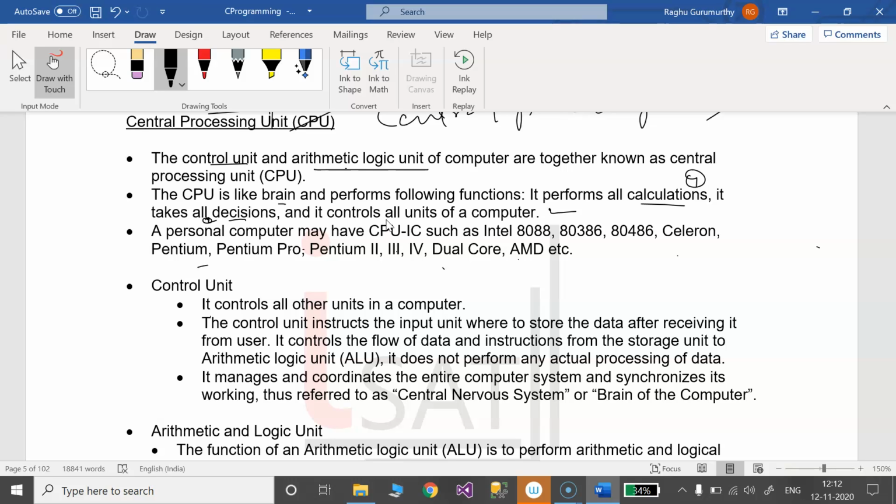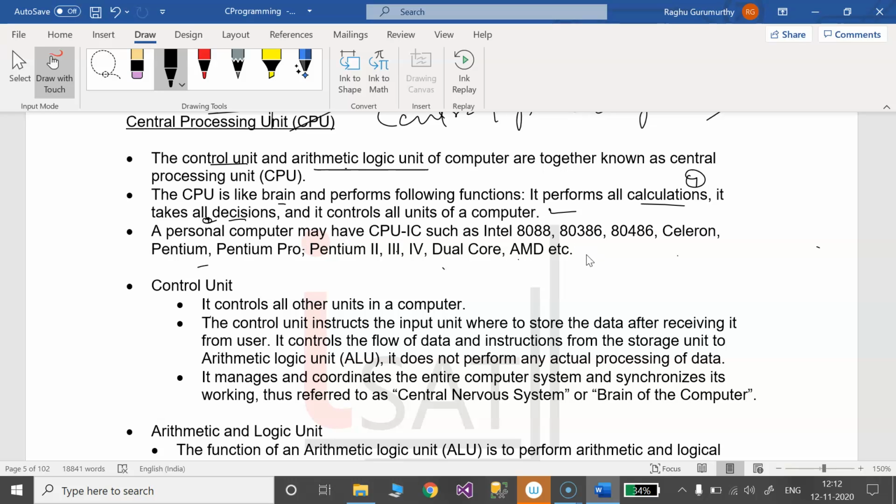I mean to say, the computer is a combined machine which includes many peripheral devices, something like input units, output units, followed by the CPU. That's why the control unit will control both input and output units as well as peripheral devices.